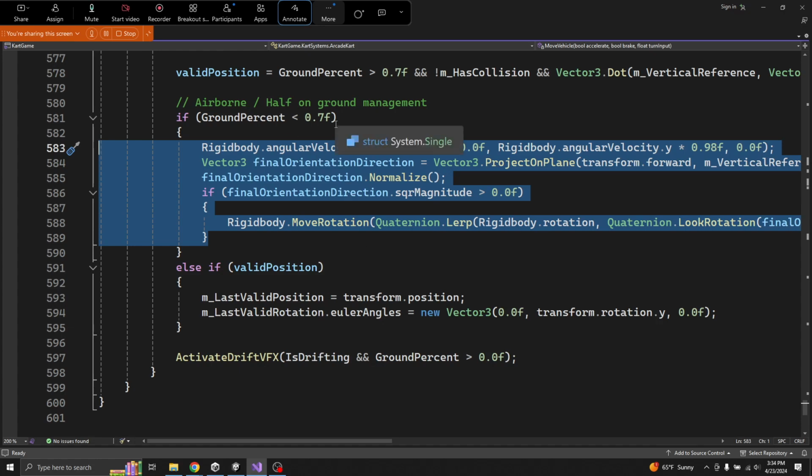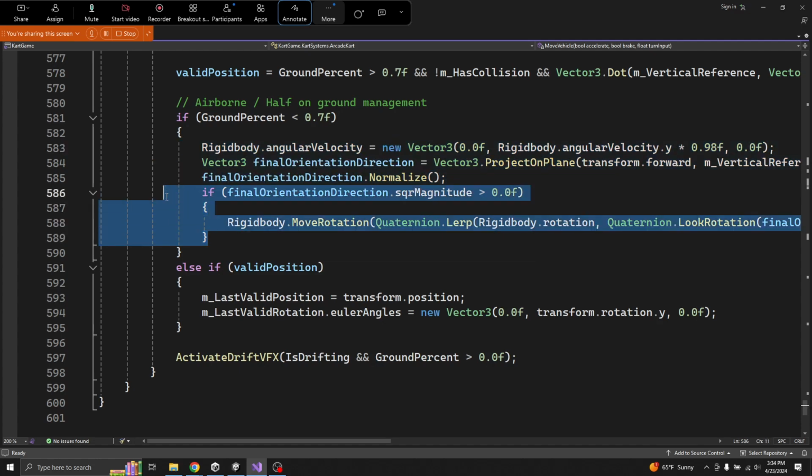So if we're mostly on the ground, we're going to rotate ourselves in a relatively normal way, and else if we're not on the ground, like if we're not greater than 0.7, so if one, 2, or 3 wheels are touching the ground, or 0 to 3 wheels, but one of our wheels might be off the ground, we deal with rotating ourselves this way.